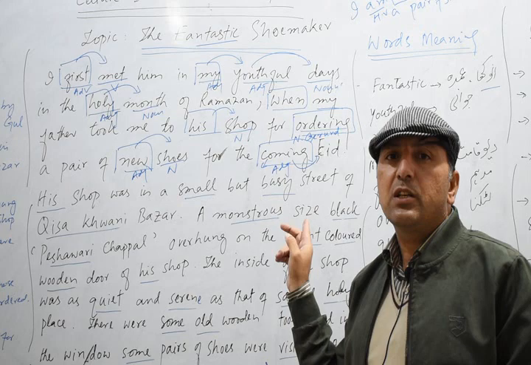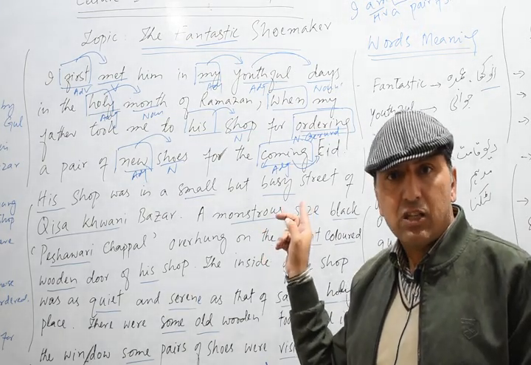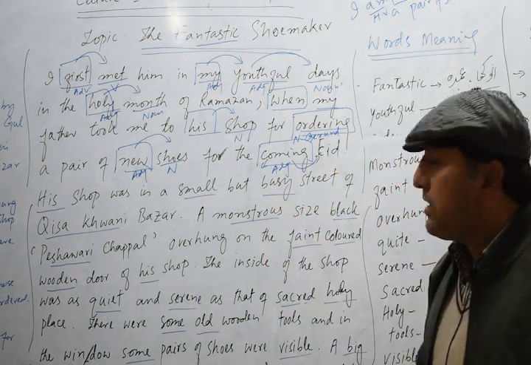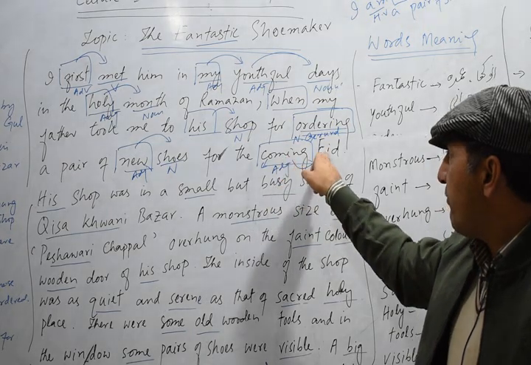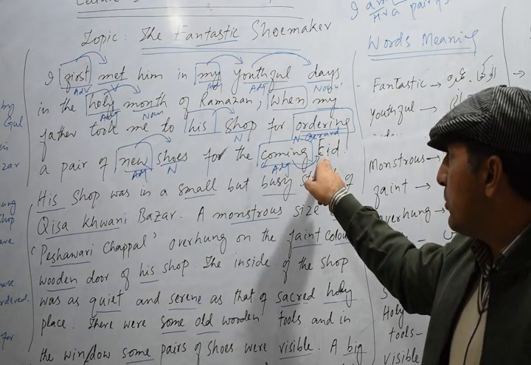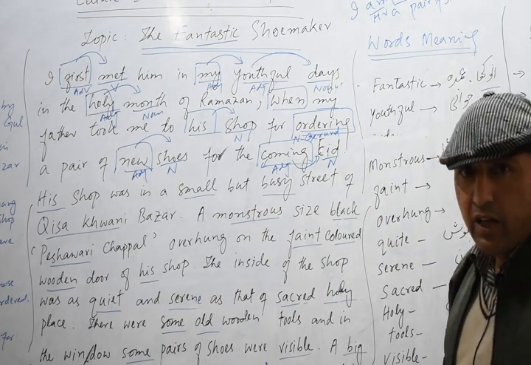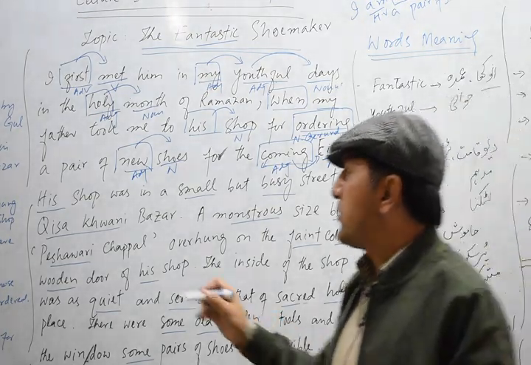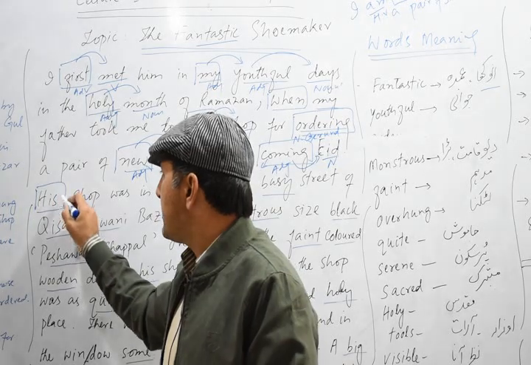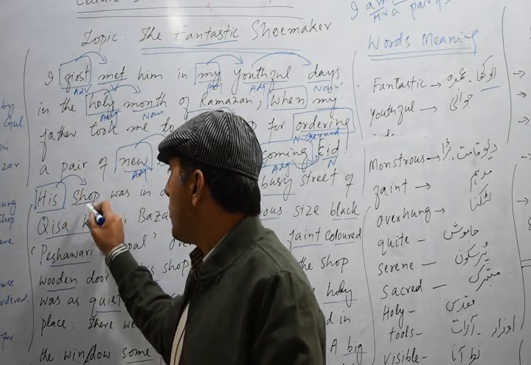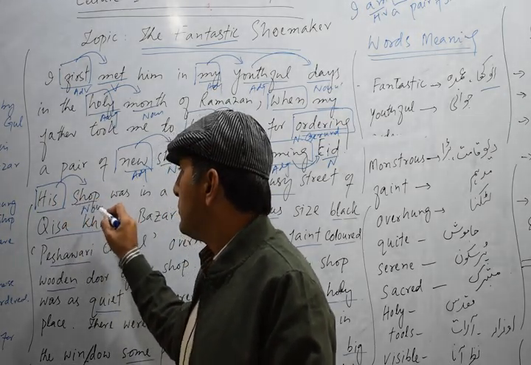So the present participle is working as an adjective in this phrase, coming Eid, because it modifies, it tells us about the word Eid, and Eid is a noun. Clear? Now the next word, we have his shop. Once again, this his tells us about shop, and shop is a noun.